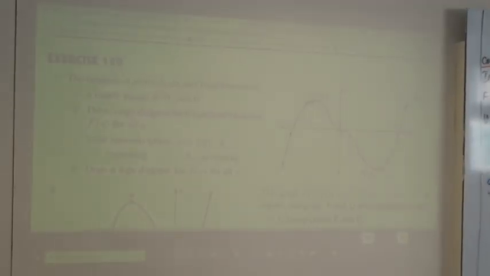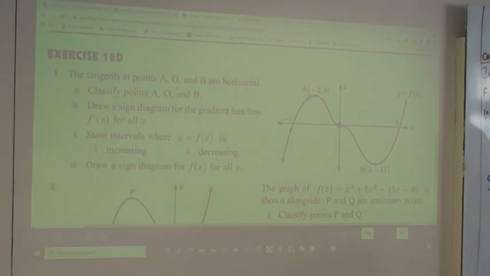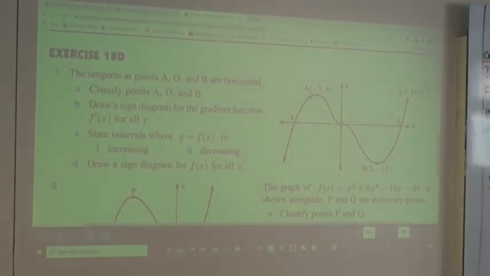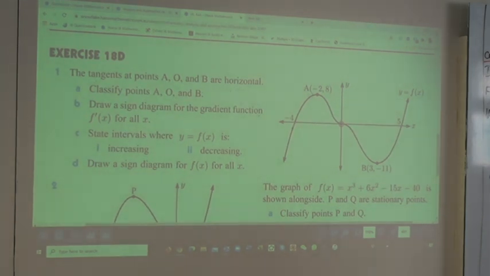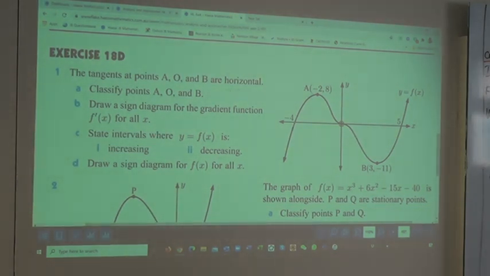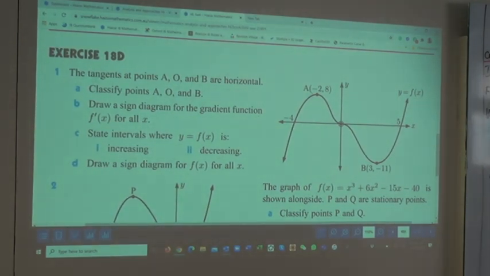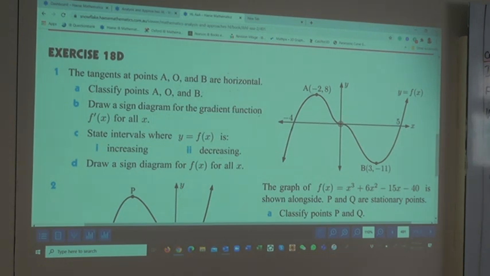Let's look at the board. Look at this problem. I haven't mentioned point of inflection, but it's part of the question. The first question says the tangents at points A, O, and B are horizontal.